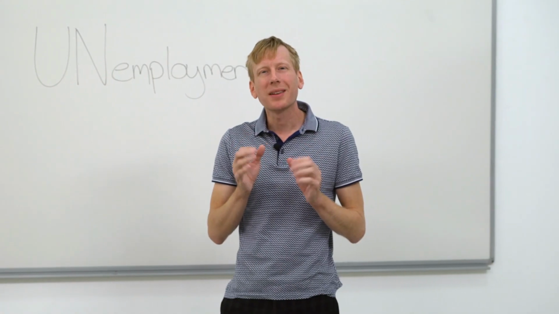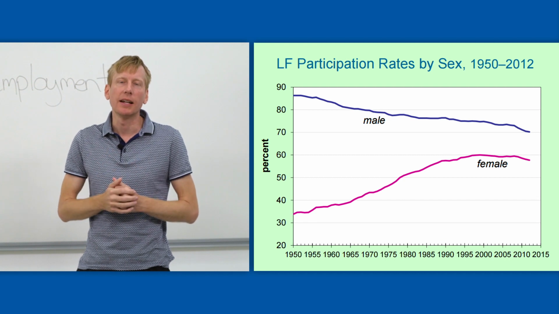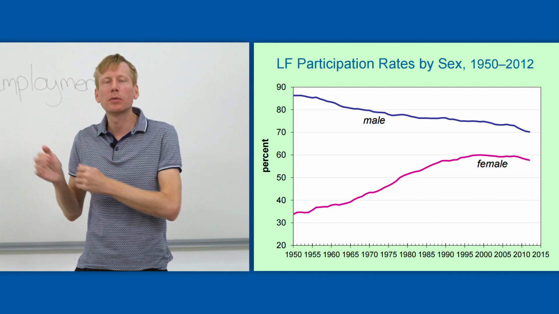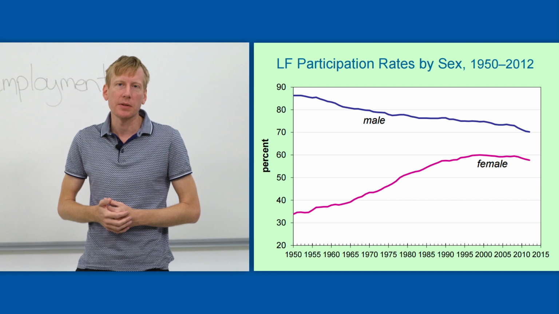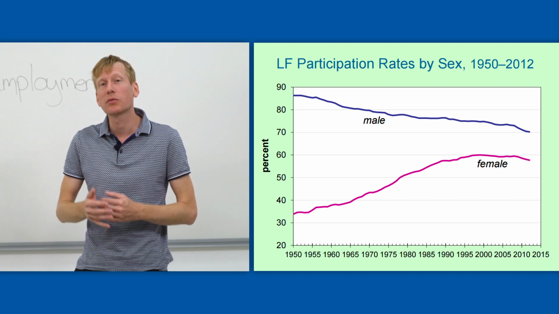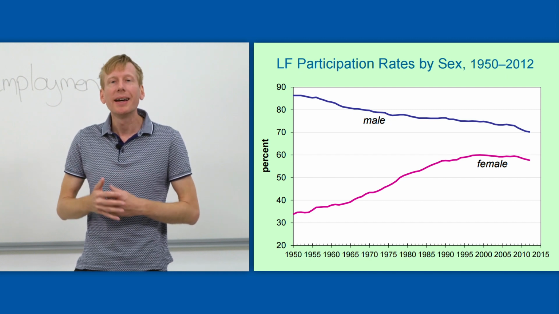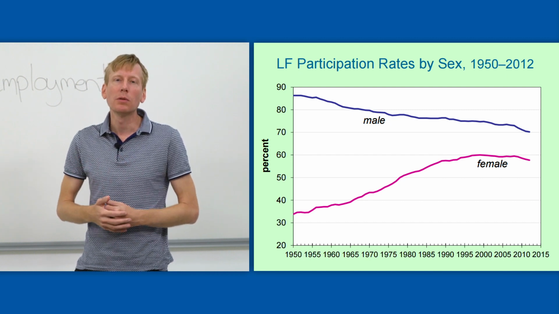You can also see a plot here for the United States data, labor force data from 1950 up to 2012, 2013, comparing labor force participation rates for women on the pink or red line and men on the blue line.